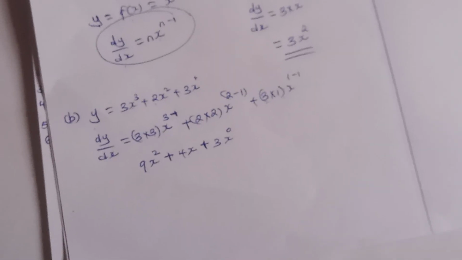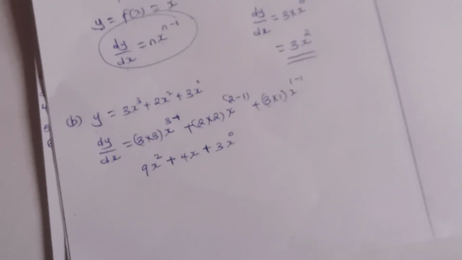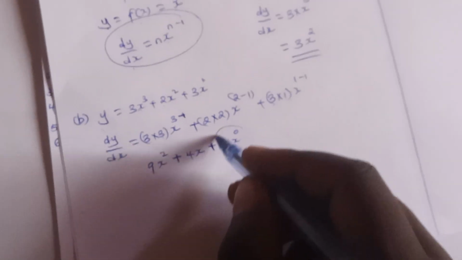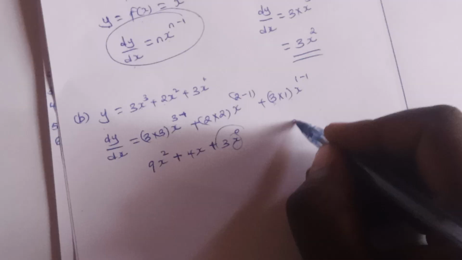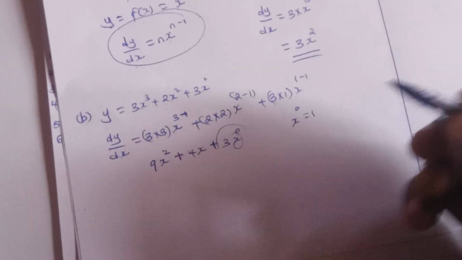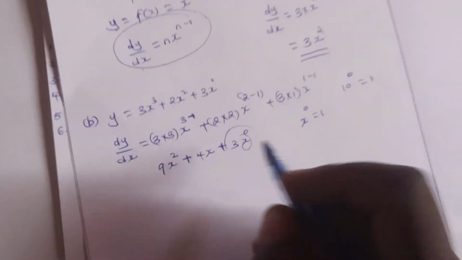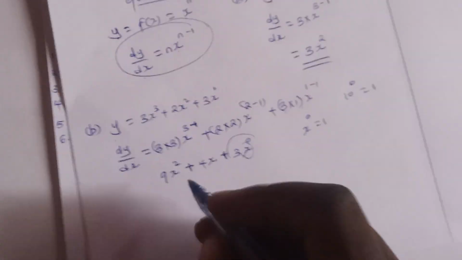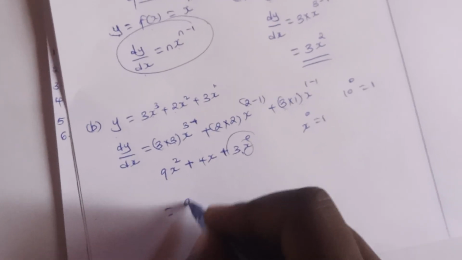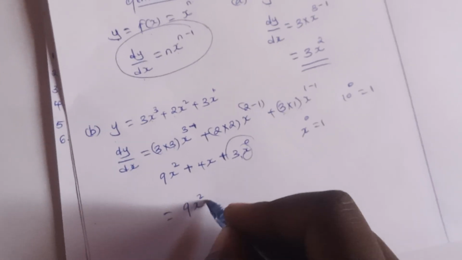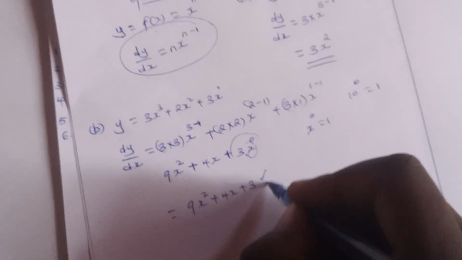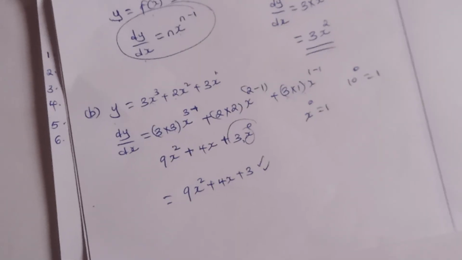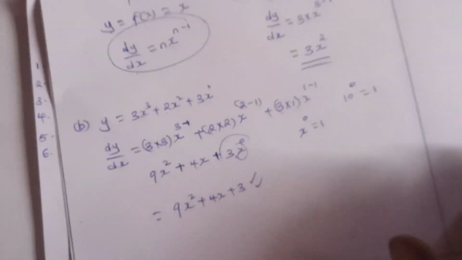If we recall the laws of indices, any number raised to power 0 is the same as 1. For instance, x raised to power 0 is the same as 1, and 10 raised to power 0 is the same as 1. So this will become 1 times 3, of which my final answer will be 9x squared plus 4x plus 3. That's how we do that question.